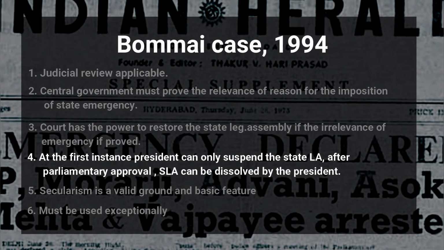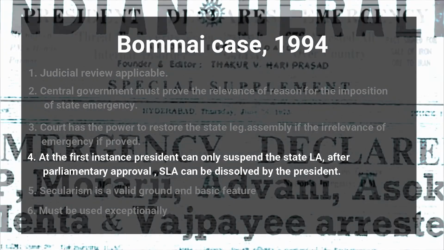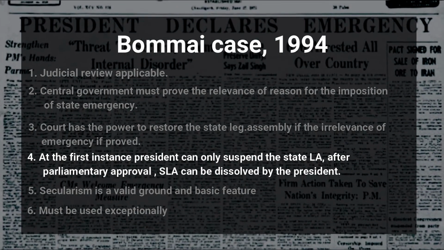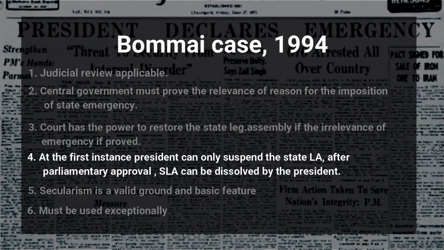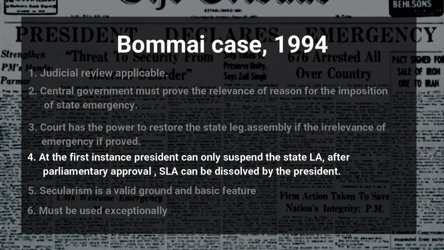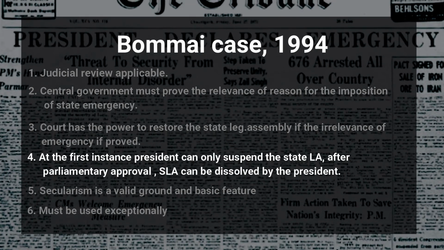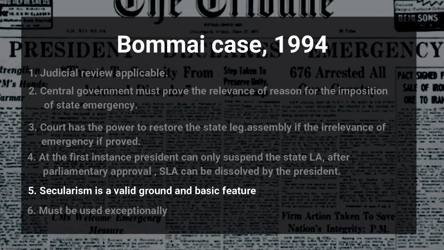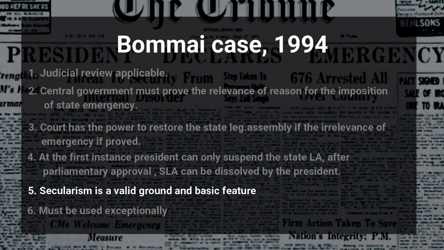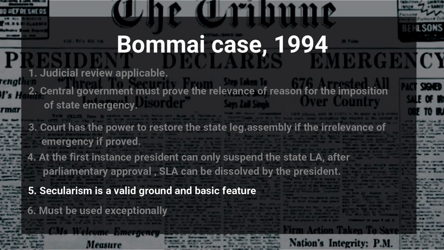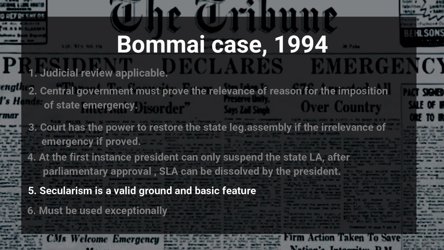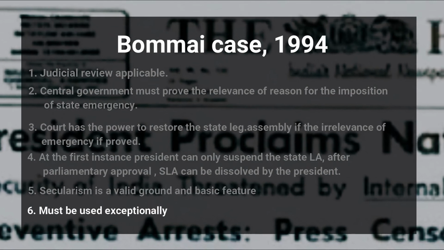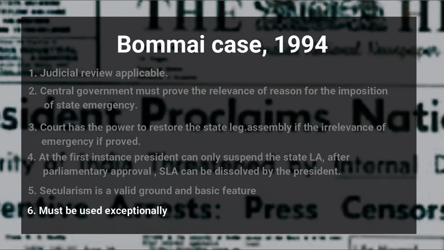At the first instance, the President can only suspend the legislative assembly. It is only after parliamentary approval that the state legislative assembly can be dissolved by the President. And secularism is a valid ground for the proclamation of state emergency and a basic feature of our constitution. And finally, it must be used exceptionally.